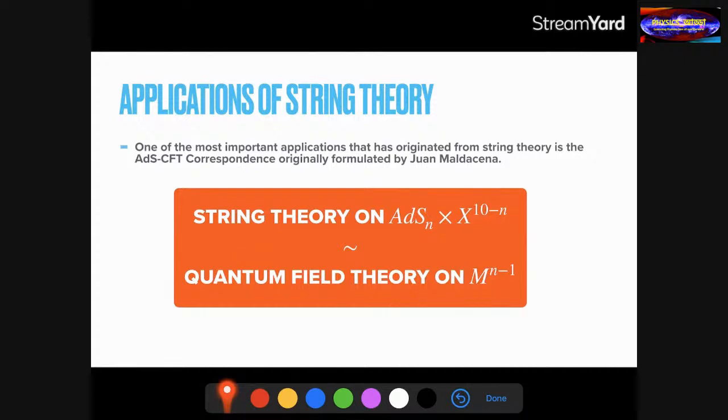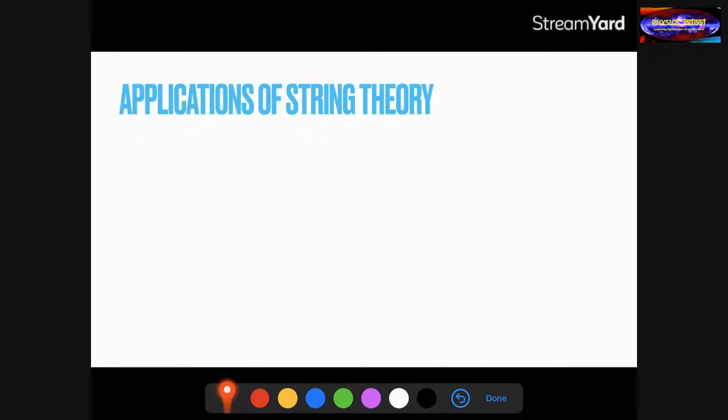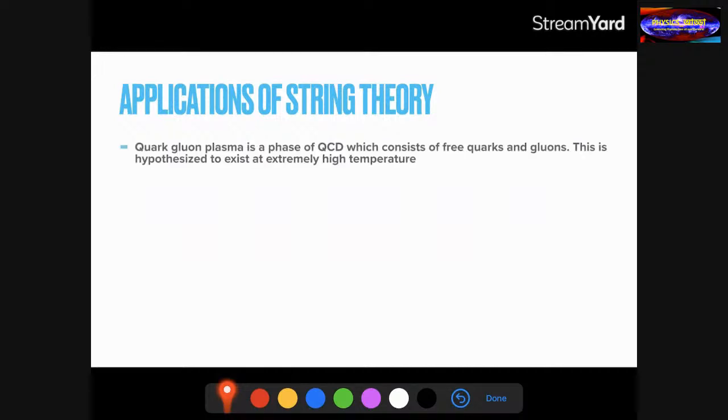And so this idea originated from string theory, and it has had applications in many different areas. One application is in quark-gluon plasma. Quark-gluon plasma is a phase of quantum chromodynamics, the theory of strong interactions, and it consists of free quarks and gluons, and is hypothesized to exist at extremely high temperature, and is observed in some laboratories, for example the Relativistic Heavy Ion Collider, RHIC.